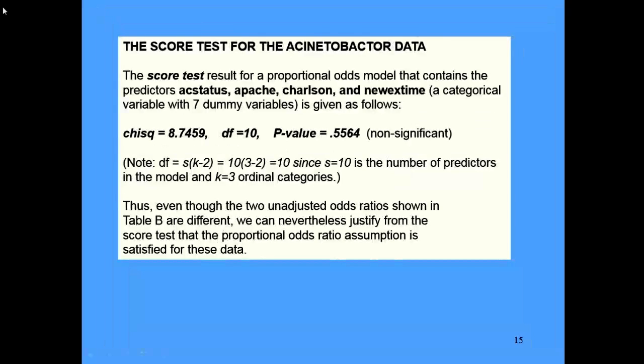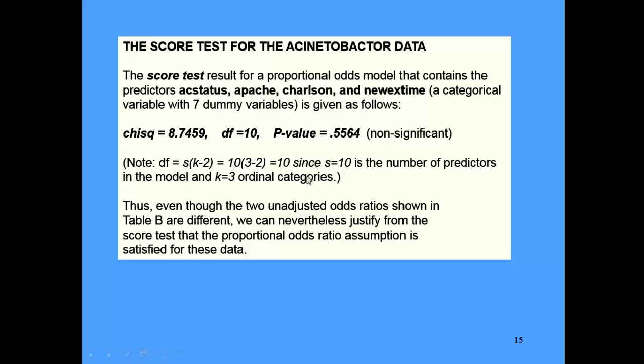It turns out, when I run the model, that the chi-square is 8.7459, the degrees of freedom is 10, and if you go to tables of chi-square and look up the p-value, this is the p-value.